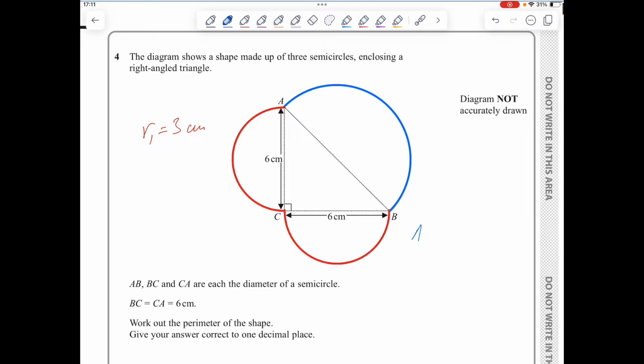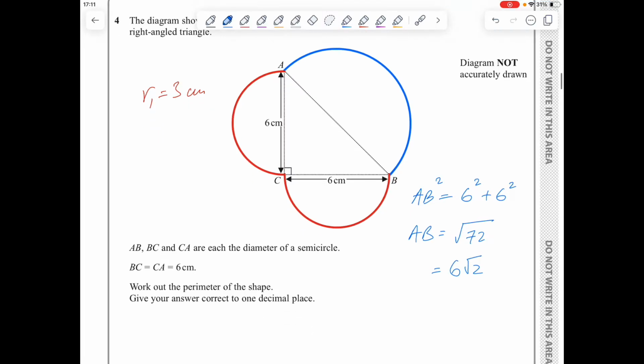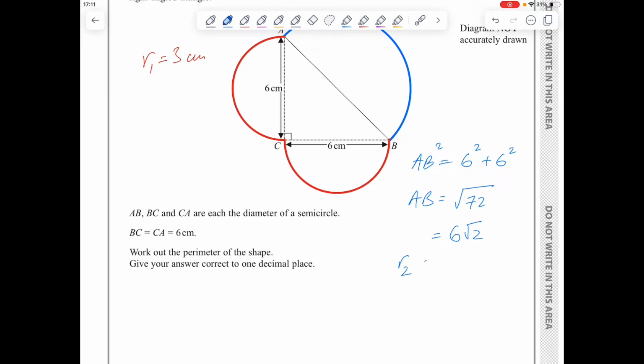So AB squared is equal to 6 squared plus 6 squared. So AB is the square root of 72. You can simplify this to 6 root 2. Therefore, the radius of the blue shape is 3 root 2.